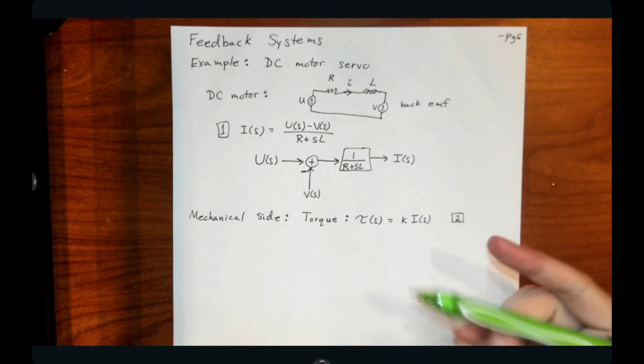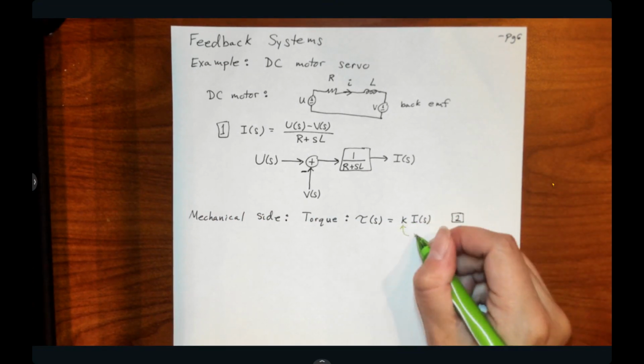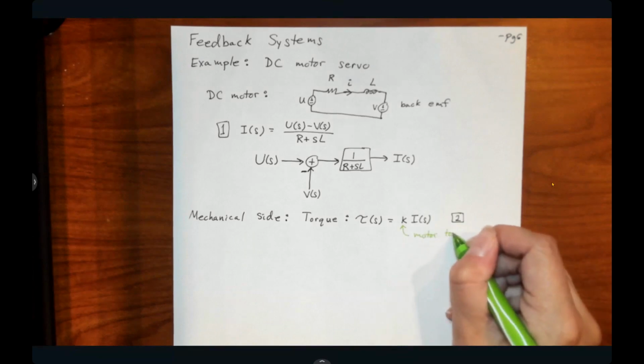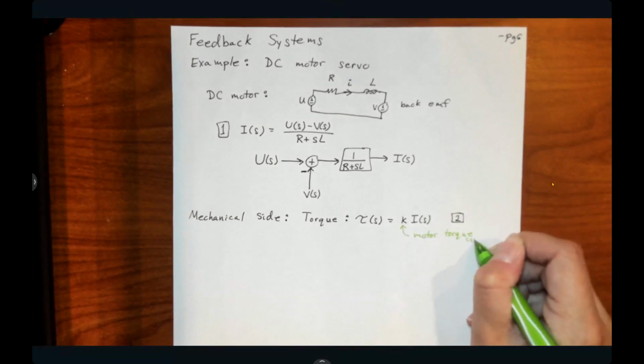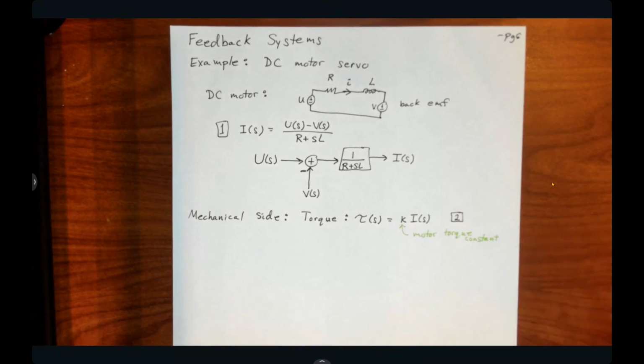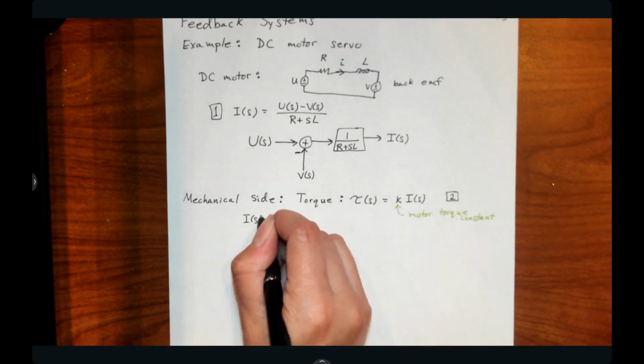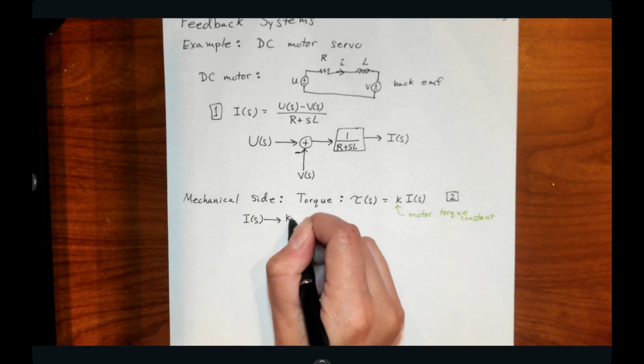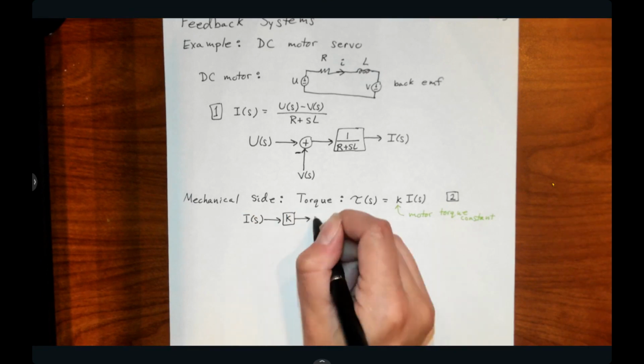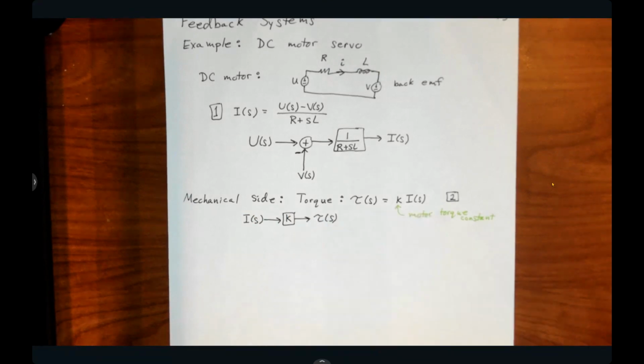And this K here is just the motor torque constant. Okay. So this block diagram would look like I of S gets scaled by K, produces this torque tau.